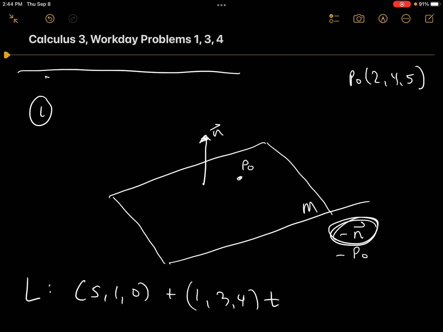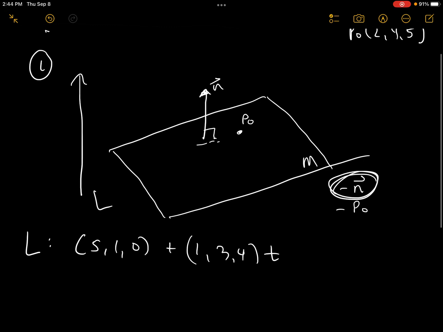Well, we know that this is perpendicular to the plane, and we know that the line L is also perpendicular to the plane. So that says the line L is parallel to n, which means it's just a multiple of n.